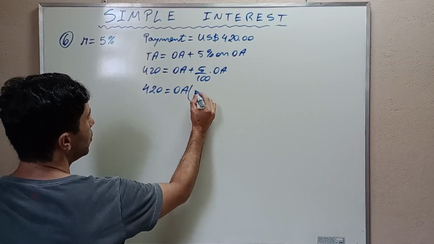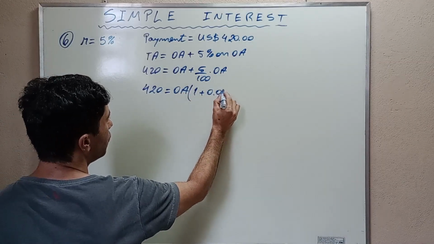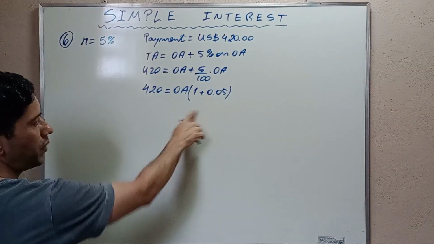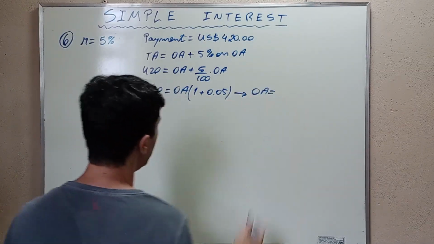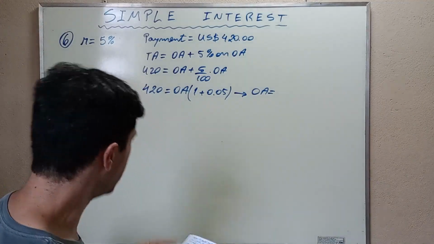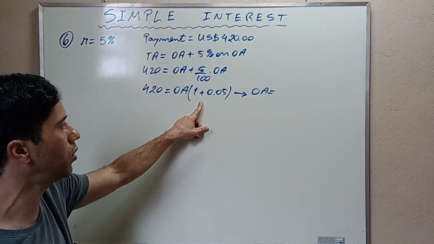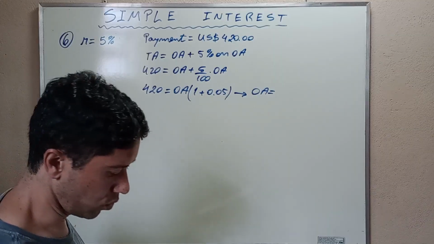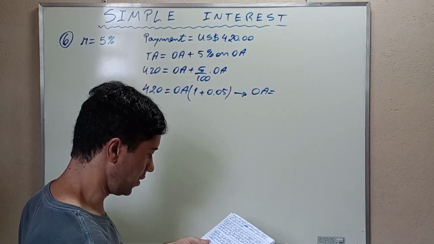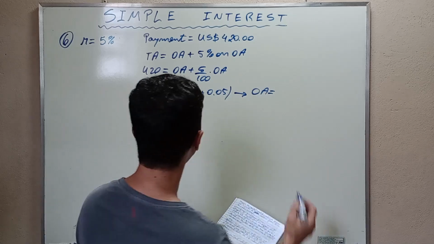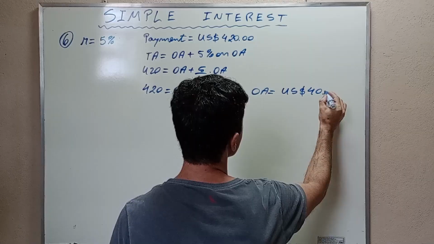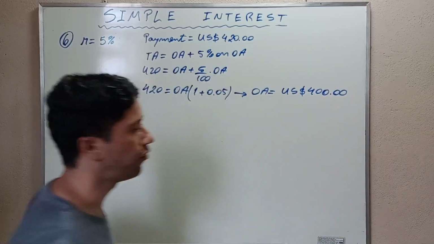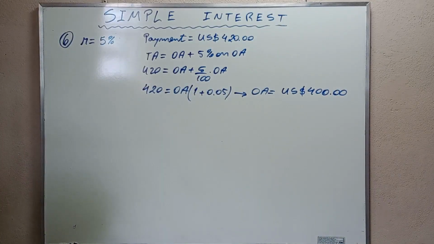Original amount times (1 + 0.05), and I pass this dividing here, and I find that the original amount is 420 divided by 1.05, and this is equal to $400. So the original amount is $400.